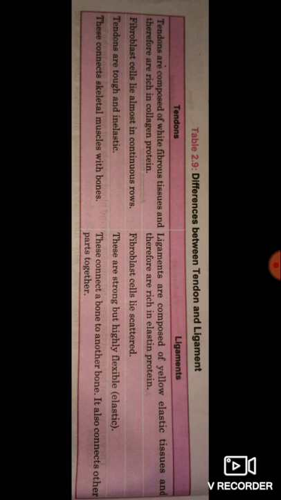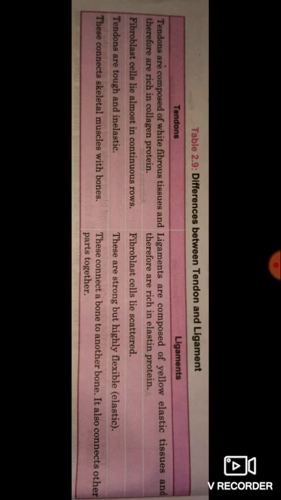That means the difference between tendon and ligament. Tendons are composed of white fibrous tissue and therefore are rich in collagen protein. Ligaments are composed of yellow elastic tissue and therefore are rich in elastin protein. In tendons, fibroblast cells lie in almost continuous rows. In ligaments, fibroblast cells lie scattered.